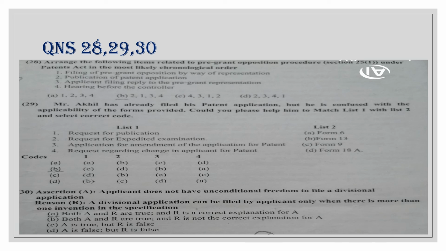That means if in the specification there are more than one inventions, then the divisional application can be filed by the applicant only. Since the reason statement shows a condition here, we can say that this is the correct explanation for statement A, which says that the applicant does not have any unconditional freedom, right? So we can say that both the statements A and R are true, and R is a correct explanation for statement A.